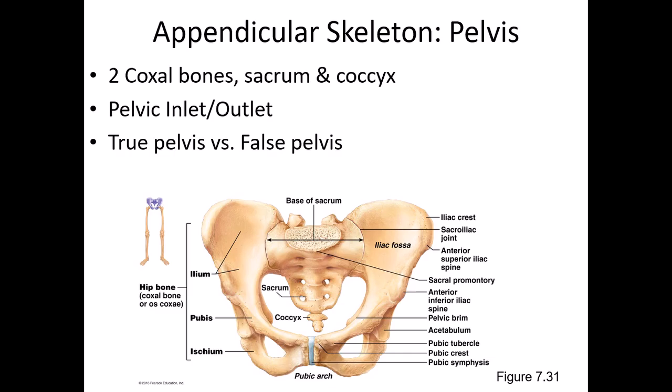Because the bones of the true pelvis really don't have a lot of give to them, anything that needs to develop and get large that's in the true pelvis is going to have to leave the true pelvis, like a pregnant uterus.